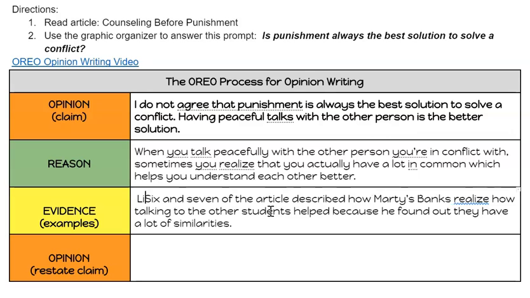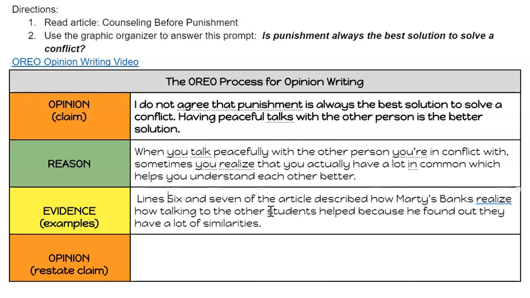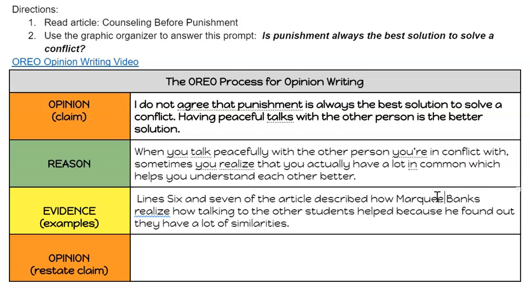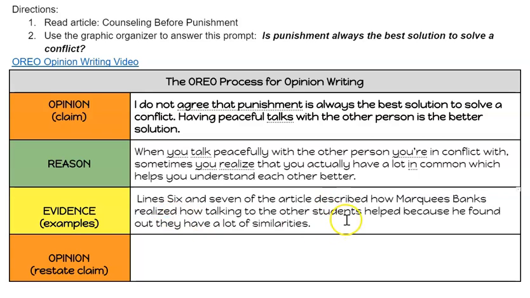Lines 6 and 7 of the article describe how Marquise Banks, when you are using Google microphone, you have to make sure you still recheck it, realized how talking to the other students helped because he found out they have a lot of similarities. Perfect. So there you go. This is my evidence that I feel would greatly support my reasoning.